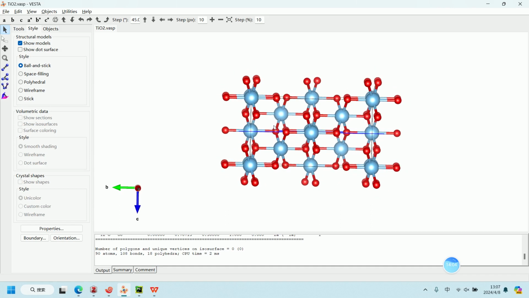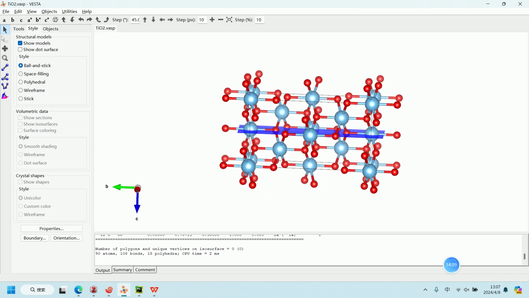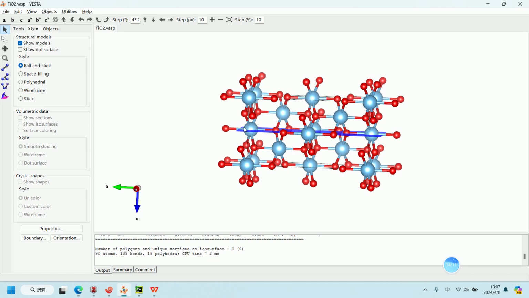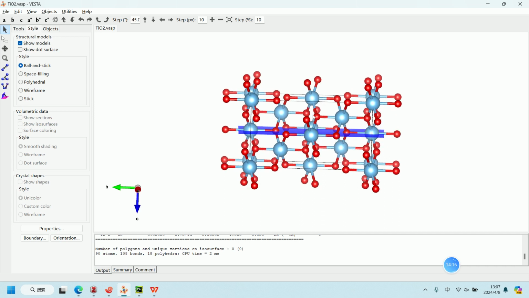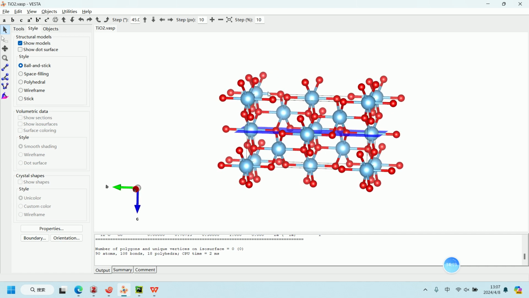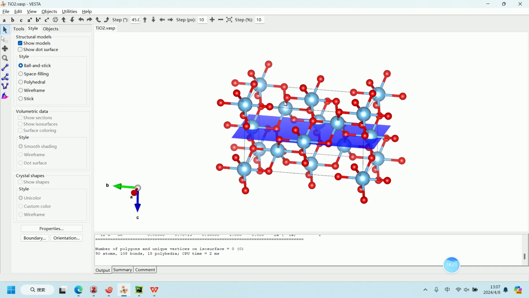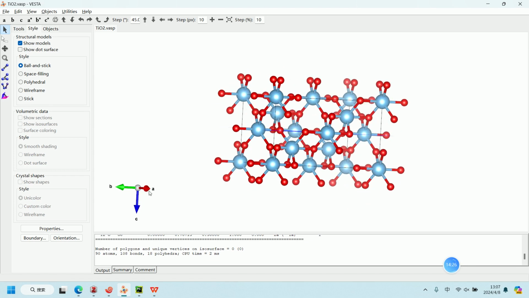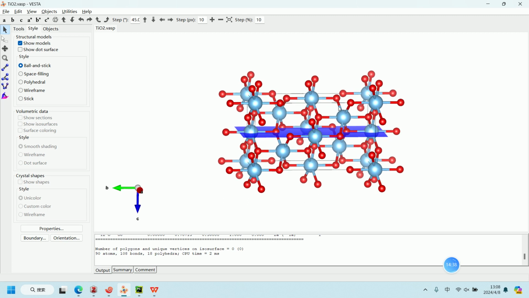Now this 110 plane in the original structure of anatase is actually parallel to our AB plane, right? This is A, this is B. So this surface is actually spanned by the A and B vectors.